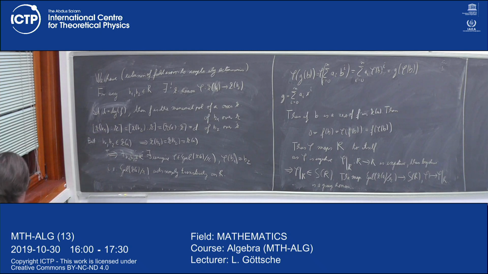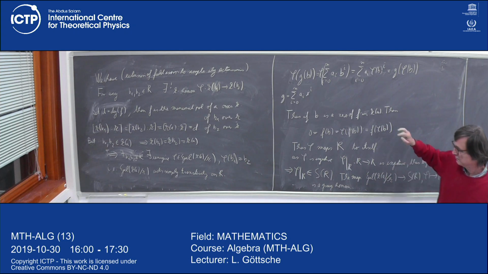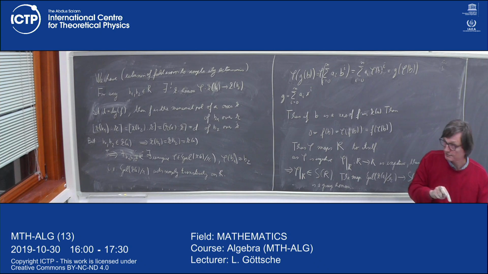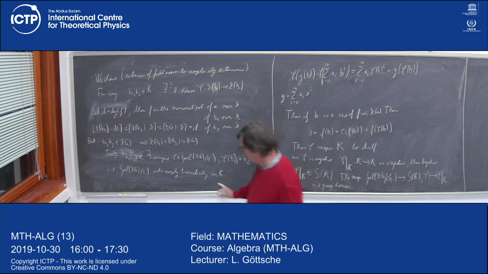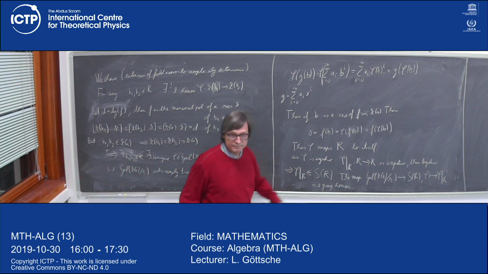Okay, so if the Galois group acts simply transitively on R, this means there's only one element in the Galois group which sends any given element b to itself, namely the identity, because for any pair of two elements there's a unique map. So that means that the map from the Galois group to these permutations is injective.